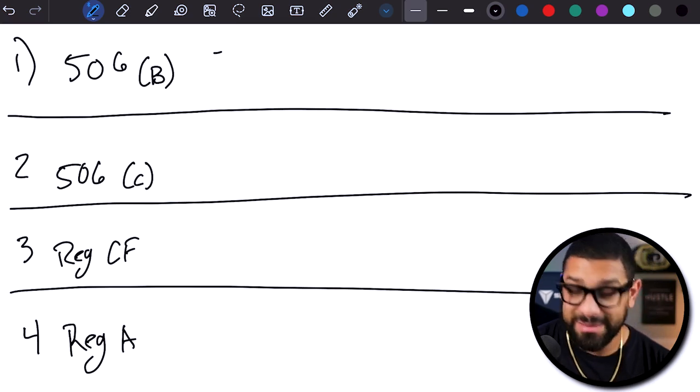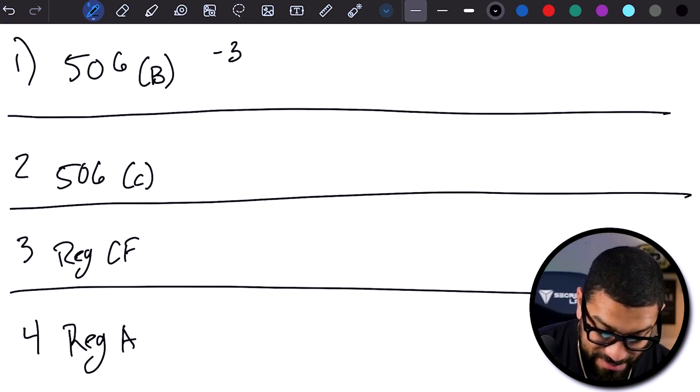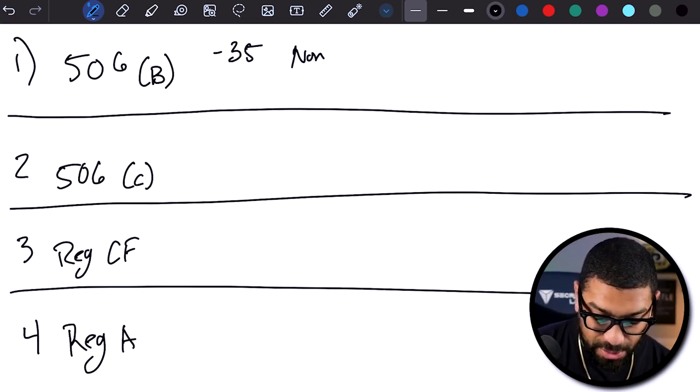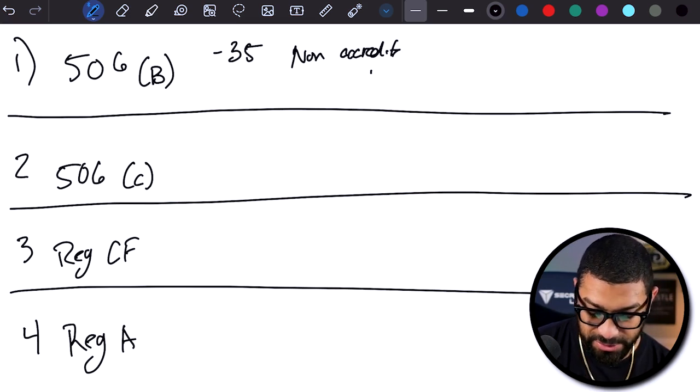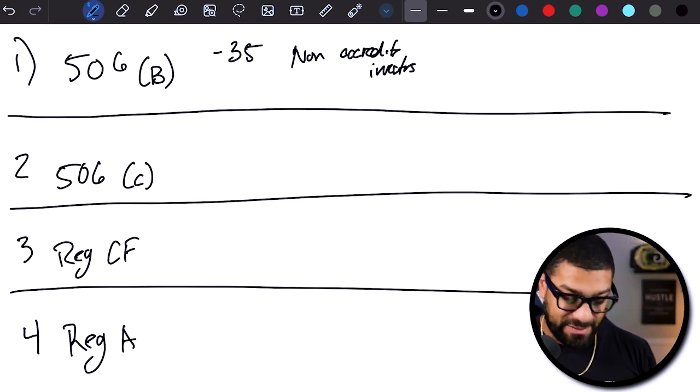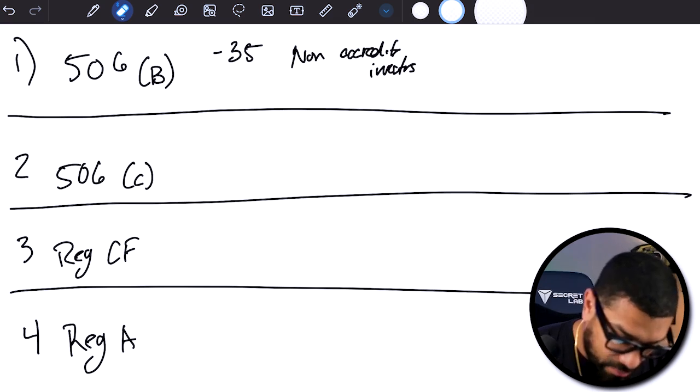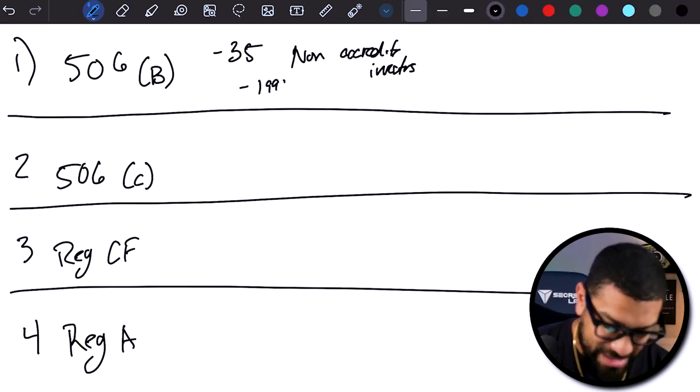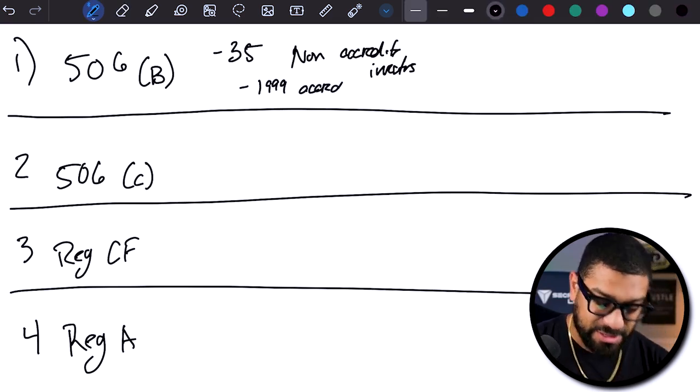So let's talk about who can invest into these different types of funds and how they're made up. The really unique thing about these is they allow you to have 35 non-accredited investors, and then you could have 1,999 accredited investors. Now, most of the funds, like 95% of the funds that you see out there, are going to be 506Bs.